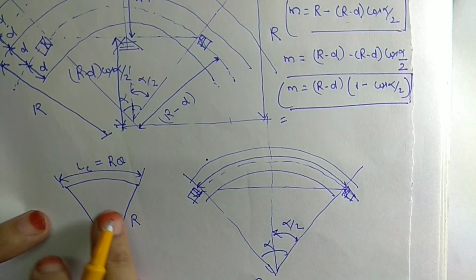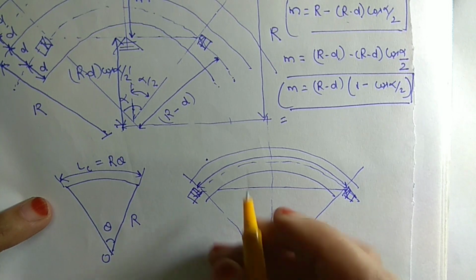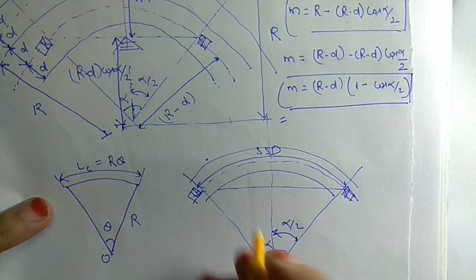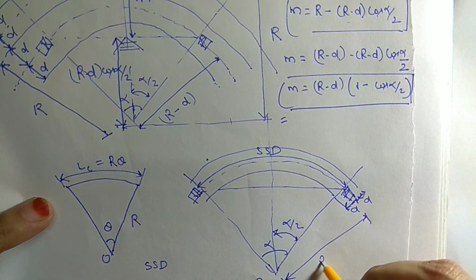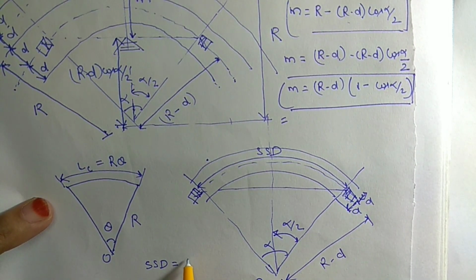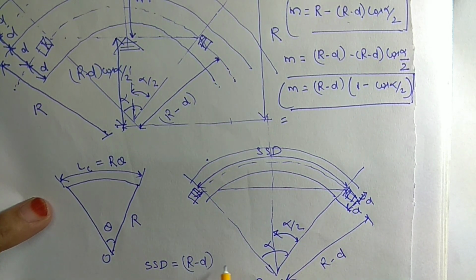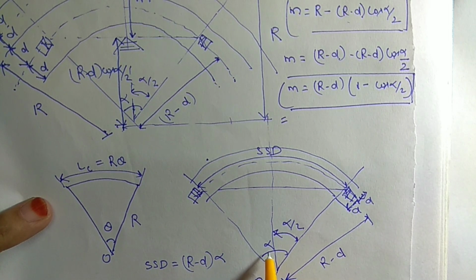By the property of circles we can calculate this SSD, and as I am considering two or more lanes, SSD will be equal to (R minus D) alpha, where alpha is this angle.